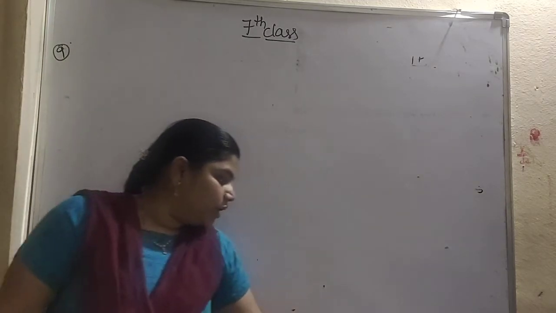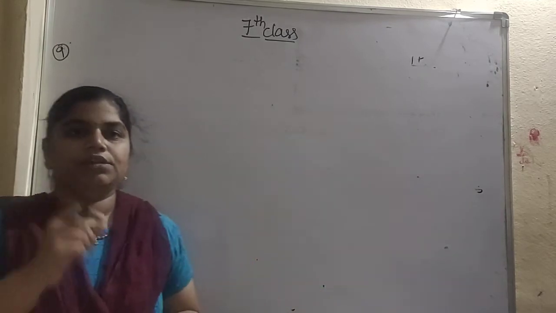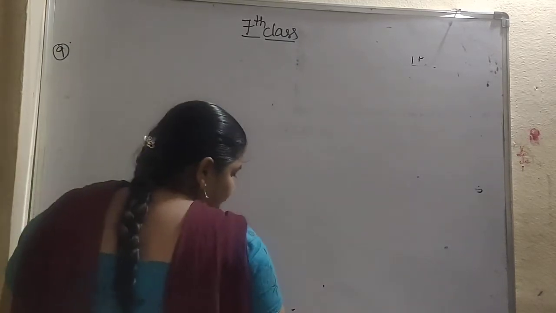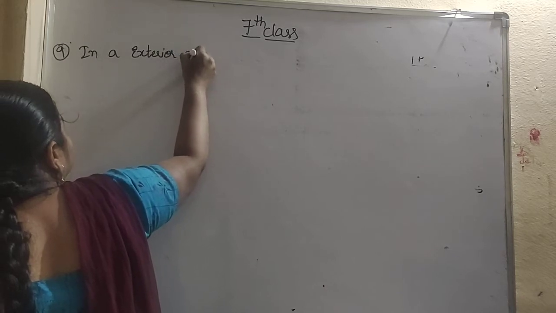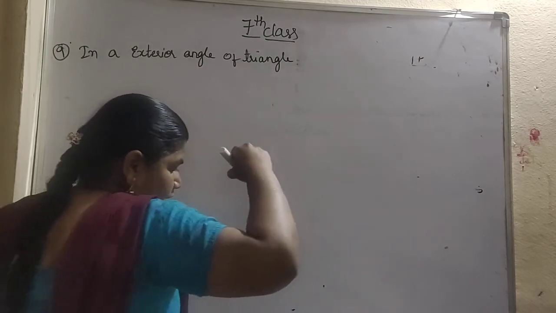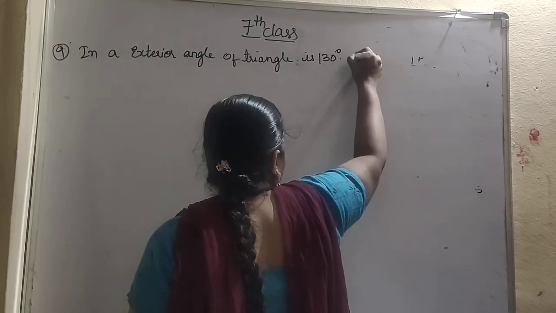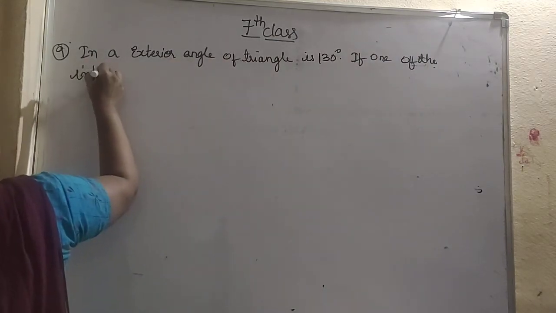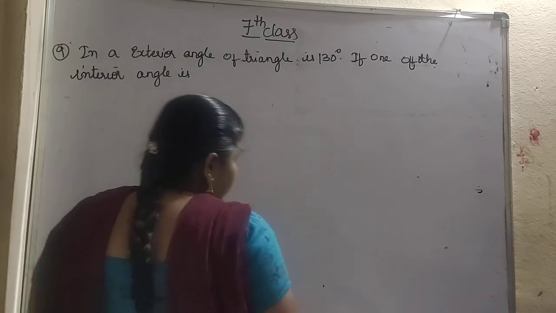The exterior angle of a triangle is 130, and one of the interior angles is 60 degrees.